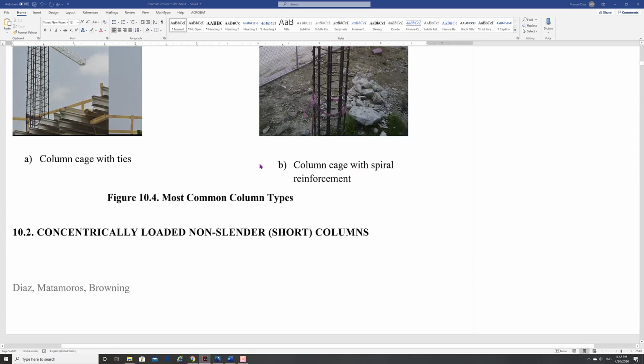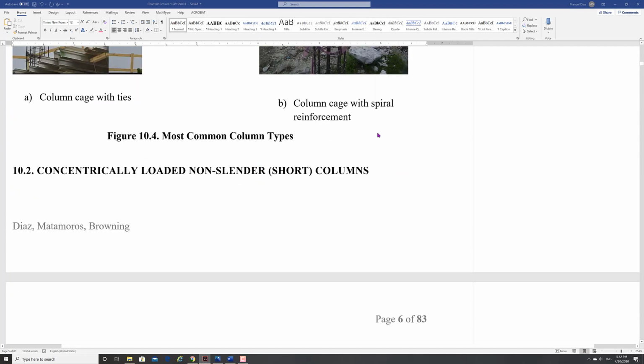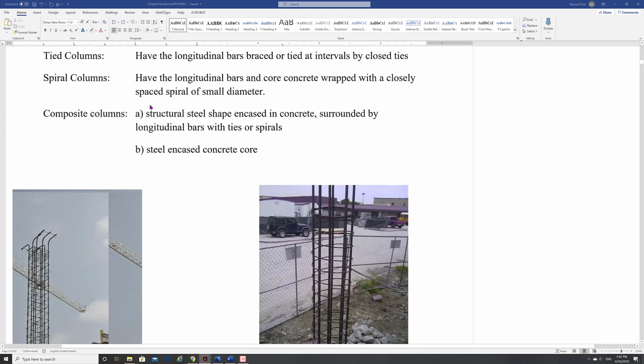So those are possible types of columns. We are definitely not going to talk about this. Composite columns are mostly treated by the AISC, so the steel manual does composite columns. We're going to talk mostly about tie columns and a little bit of spiral columns.